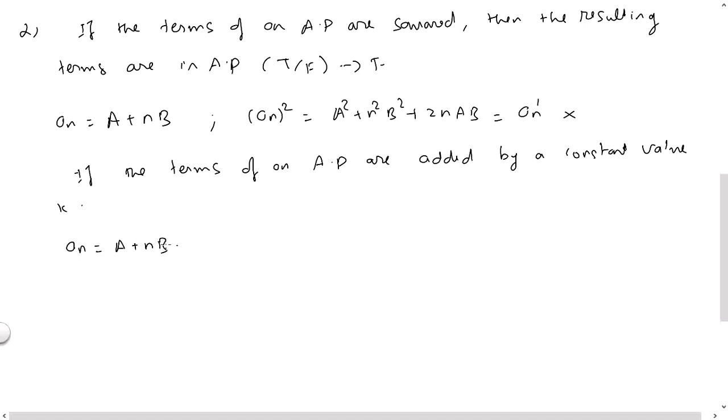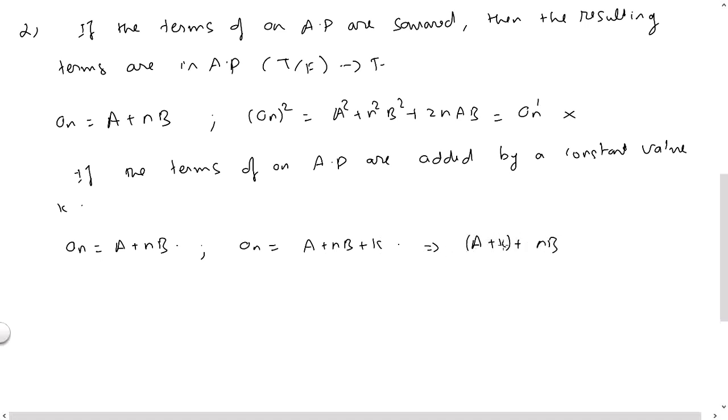So here what is happening? All the terms are added by a constant value k. So the nth term also will be added by a constant value k. So we can see that an is equal to a plus nb plus k. So what we are getting, that is equal to a plus k plus nb.